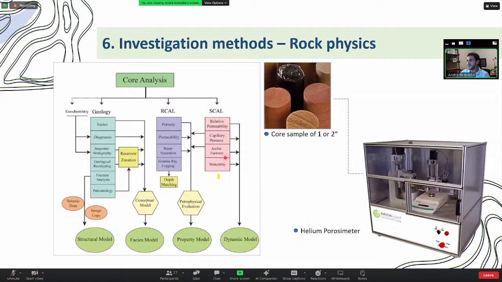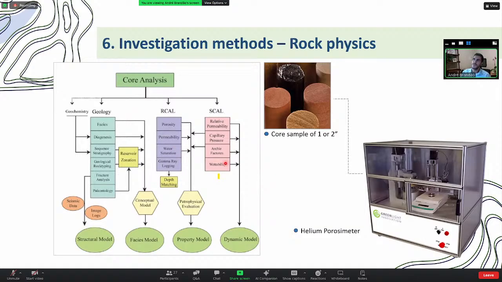Once you get the core of the reservoirs, there is a lot you can do as well. There is a lot, but here I'm dividing into two categories, which are called routine core analysis and special core analysis. And you can measure porosity, permeability, water saturation, capillary pressures.